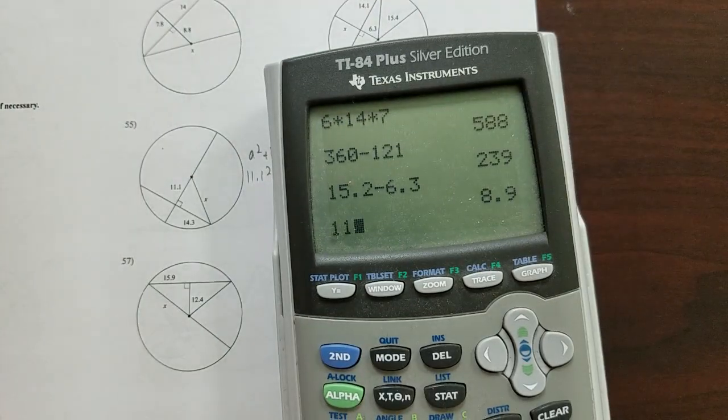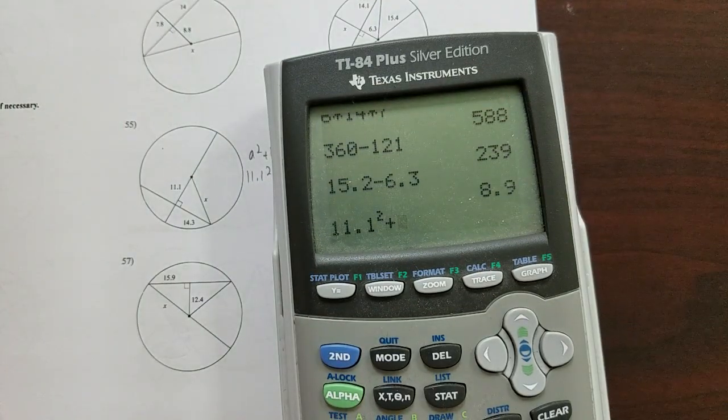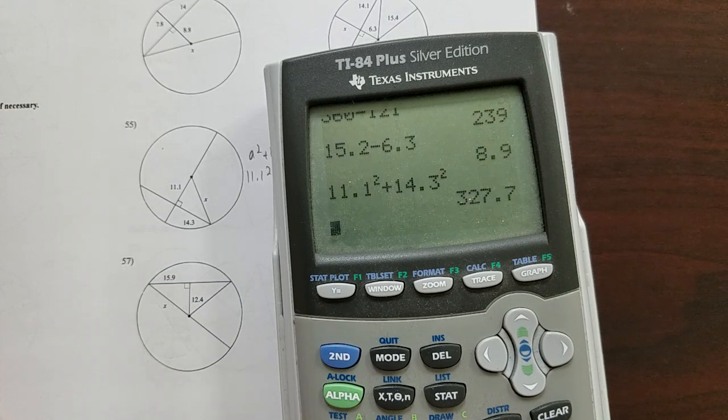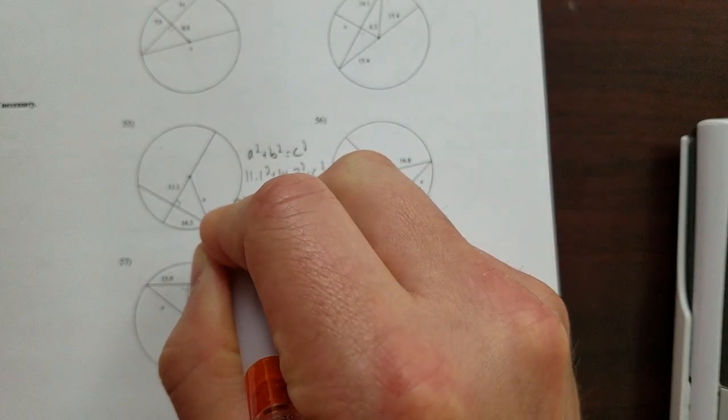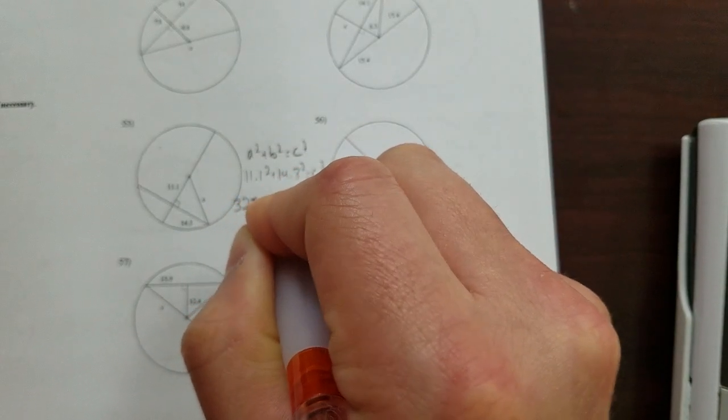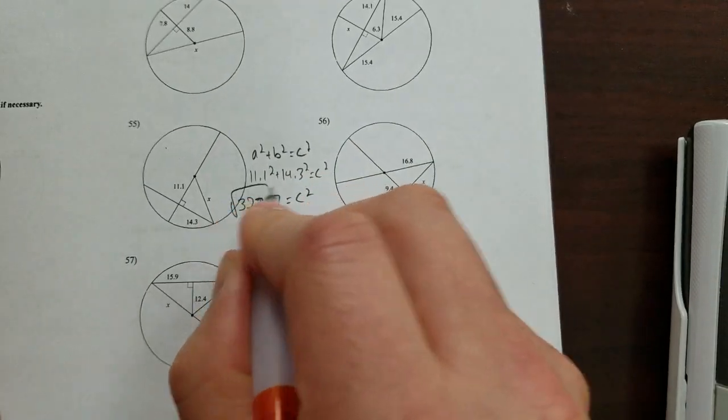So 11.1 squared plus 14.3 squared is 327.7. So 327.7 equals c squared. Square root both sides.